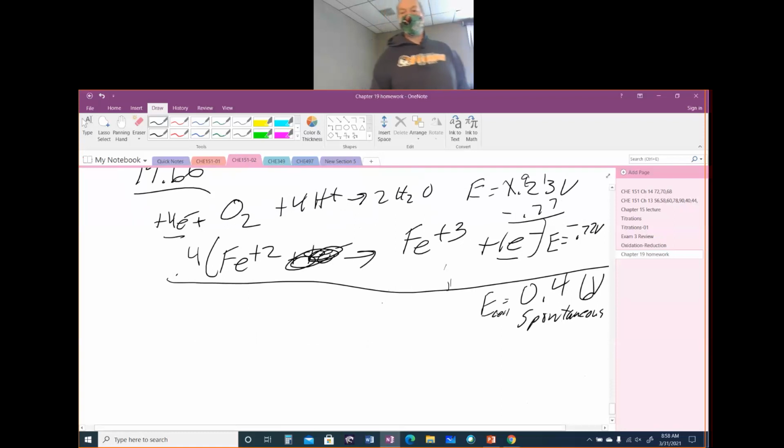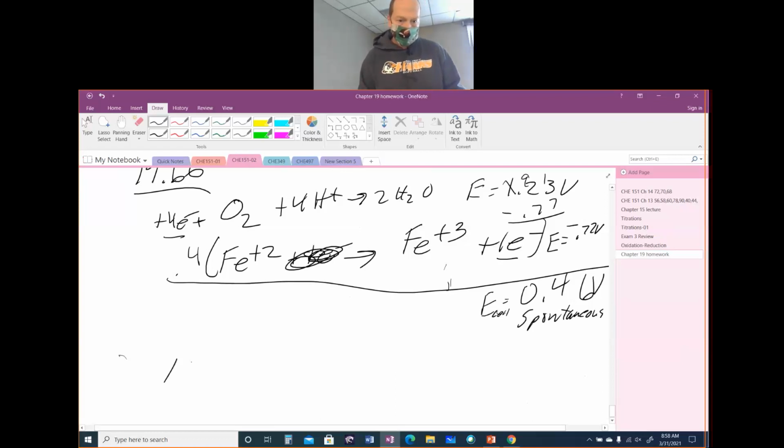So if you get a positive E value when you add those two up, the answer is yes, that will occur. If it is negative, it would be non-spontaneous, and no, that would not occur unless you added some voltage to that system. Will copper metal reduce nickel plus 2 to metallic nickel?